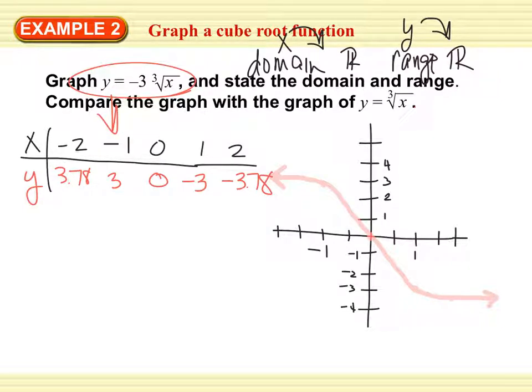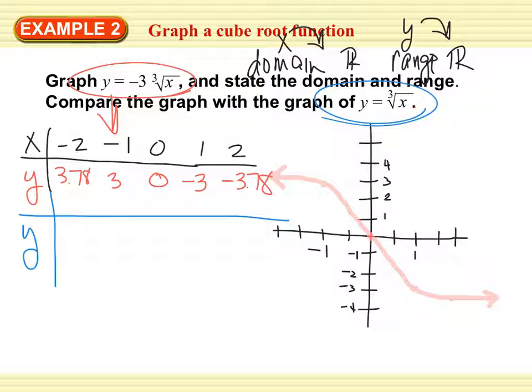Now let's go ahead and try the original. All right, I plugged in for the original function in blue. Let's graph it. -2, I have -1.26. Right about there. You really can't see this. There we go. -1.26, about right there.